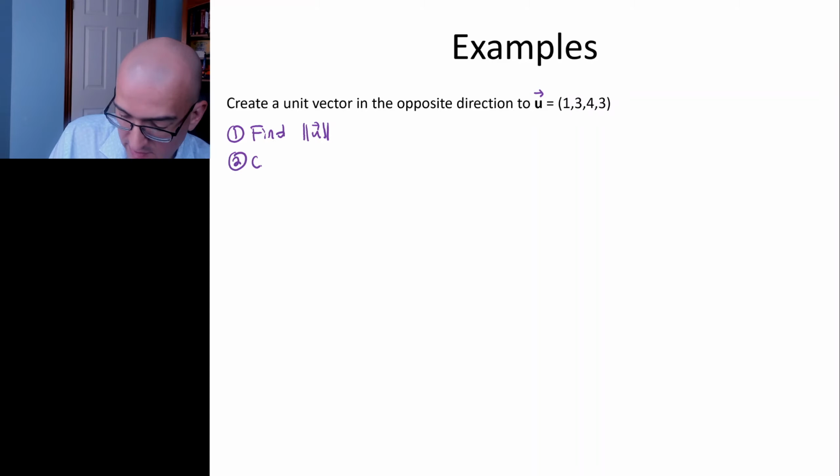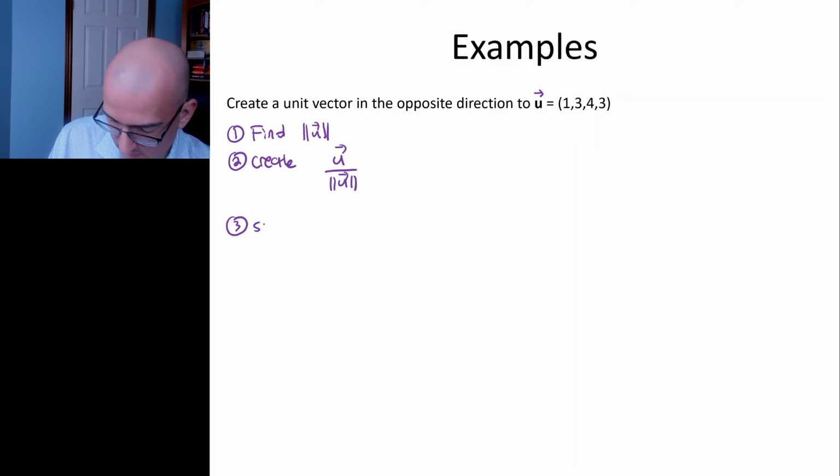Step 2, create a new vector. Give it a name if you want, but you don't have to. U divided by the length of u. And then step 3, since opposite direction, put a minus sign in front.